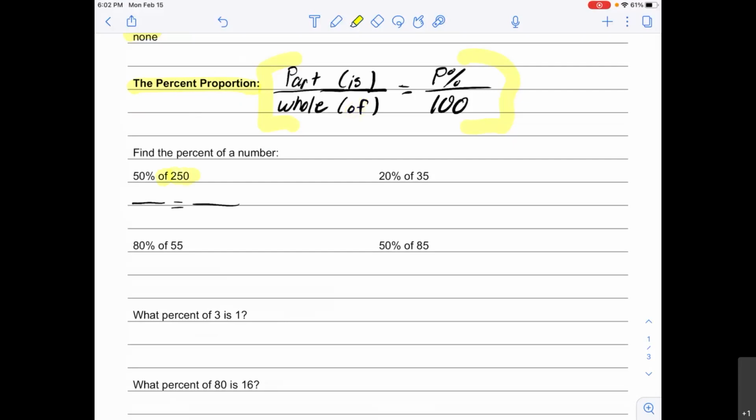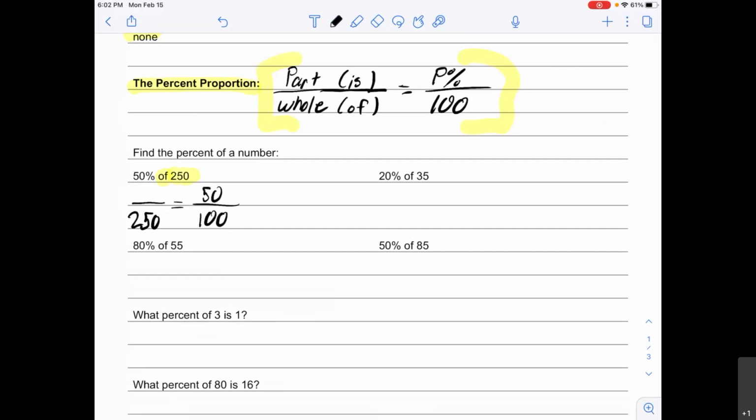Of is a clue word for the whole, which goes on the bottom. So 250 goes on the bottom of the left. On the bottom of the right, we always have the number 100. And then the 50%, well, that's a percent, so that goes on the top.